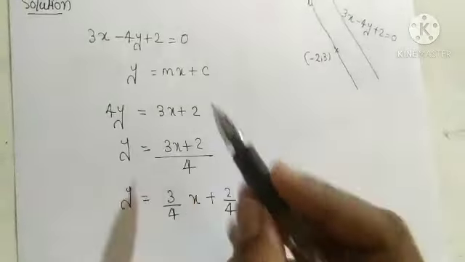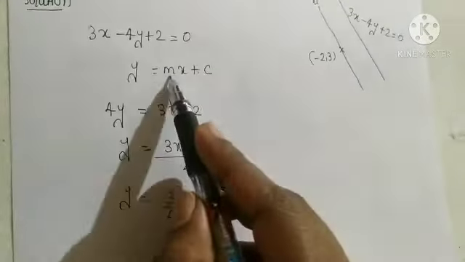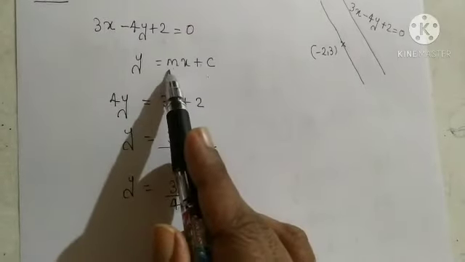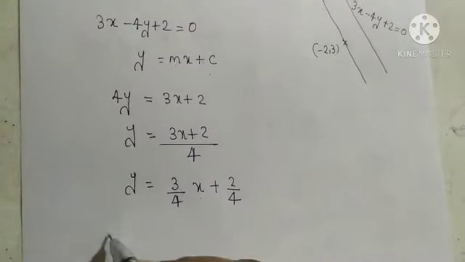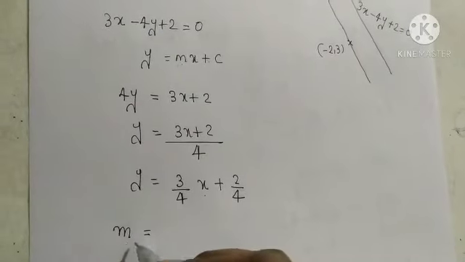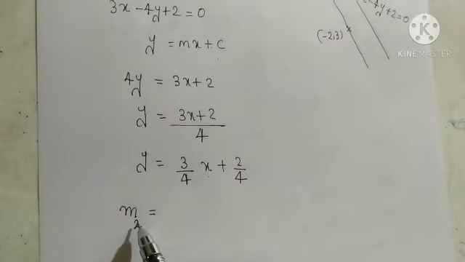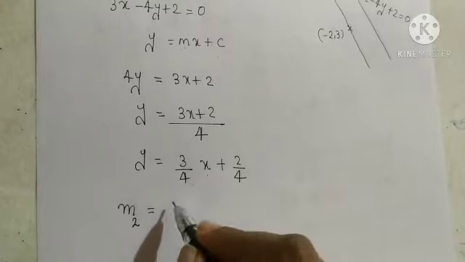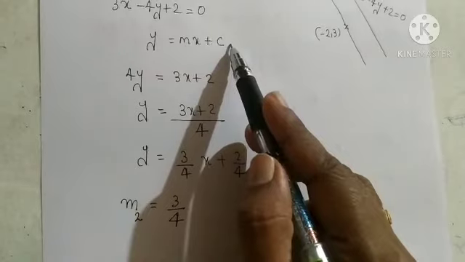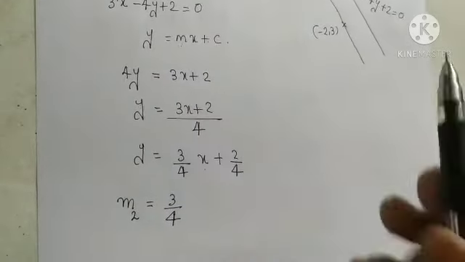Okay, this is the y-intercept form equation, m is the slope. So the coefficient of x is the slope. So here we get m, the slope of L2. I'm going to write the slope of line L2, M2, will be equal to 3 by 4. Comparing with the standard y-intercept form, we get the M value as 3 by 4.